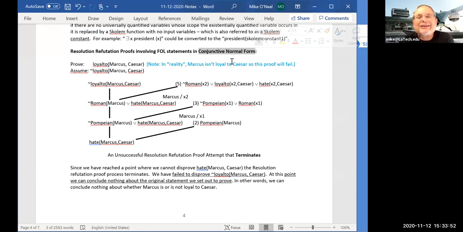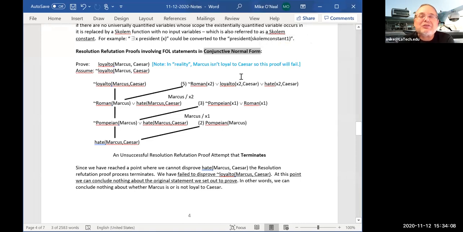It's so hard when I teach both of these classes not to goof up and refer to conjunctive normal form as Chomsky normal form. Totally different things in totally different subjects in totally different classes, but they're both CNF, and we both are doing conversions, so it's sometimes hard for me not to make a mistake. But anyway, we've gotten our statements into conjunctive normal form.